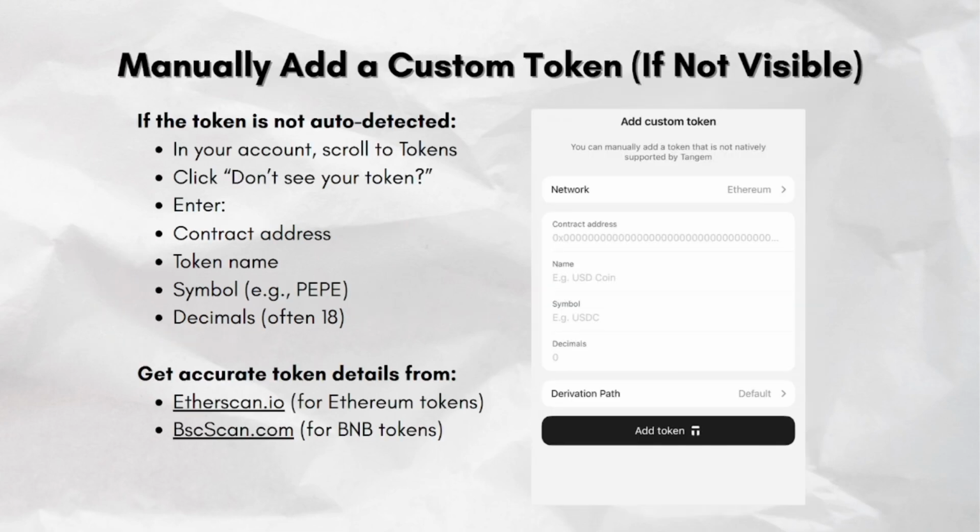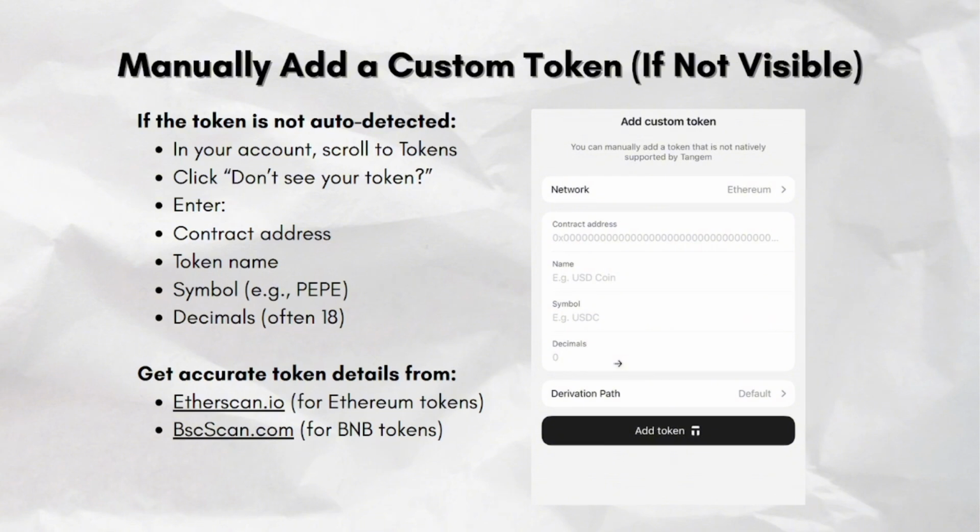Next is to manually add a custom token if it's not visible. If the token is not auto-detected in your account, just scroll to the tokens, click on Don't See Your Token, and then enter the contract address here, the token name here, the symbol here, and the decimals.